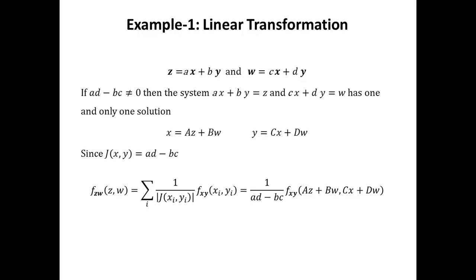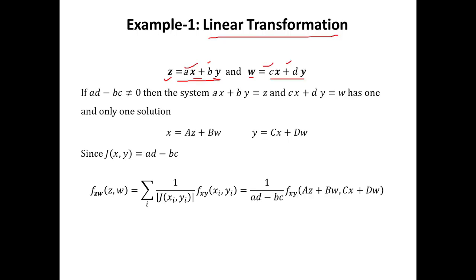Let us consider example one, of a linear transformation, where by using x and y, the random variable z is generated by this linear relation, and similarly w by this linear relation. A, B, C and D are constants.